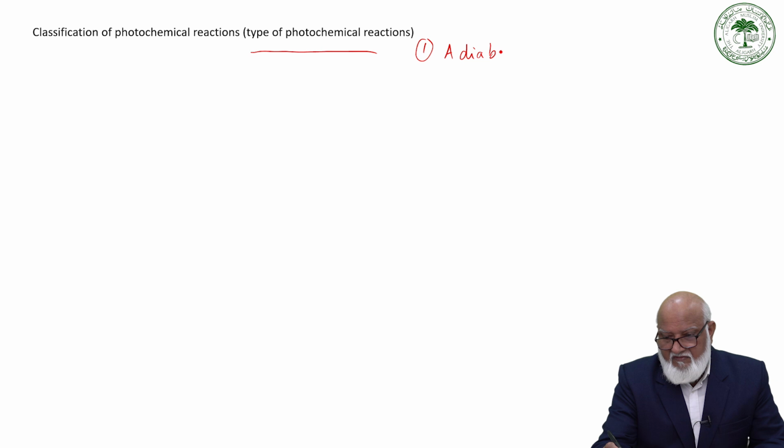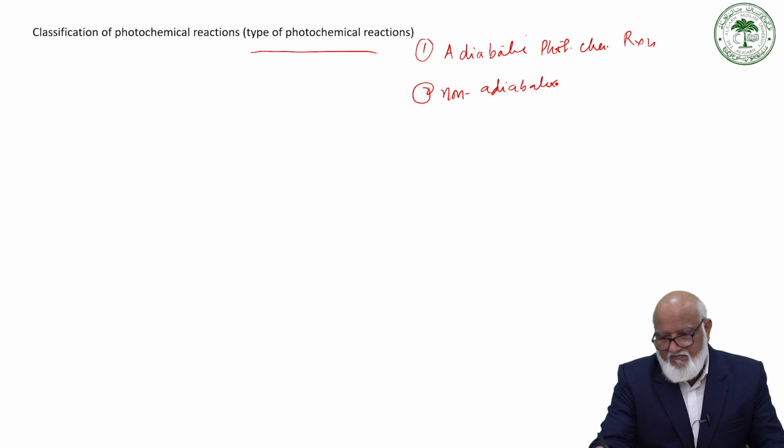Adiabatic photochemical reaction. The second one is non-adiabatic photochemical reaction, and the third one is hot ground state photochemical reaction.